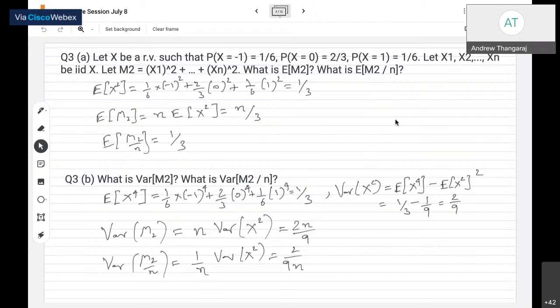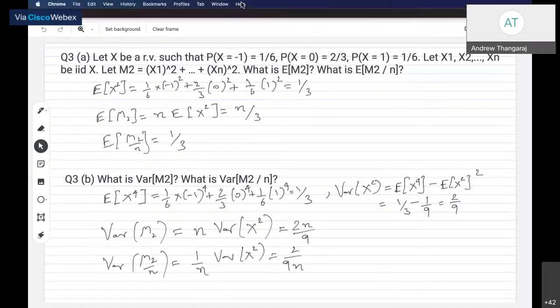So 1 by 3 ends up being the mean of x squared. So mean is n by 3, 1 by 3. It's easy enough. So variance is a little bit more clumsy computation. You should be slightly careful. You'll get 2n by 9, and 2 by 9. Okay, good.